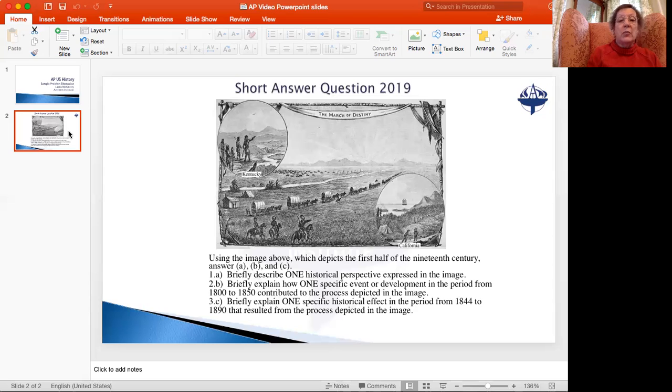You need to stay somewhere within that time period. Again, it's not the specific example that is an issue, as long as your example was in that time period and you can explain how this was a result of the idea of Western expansion.